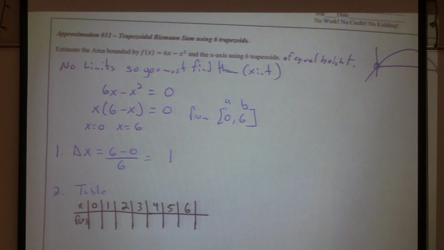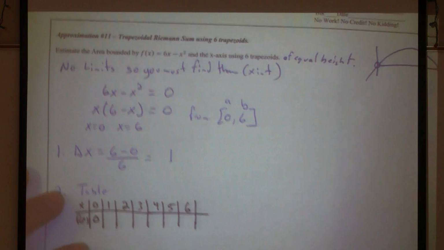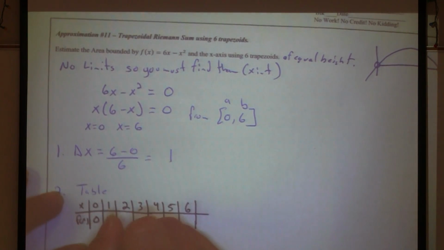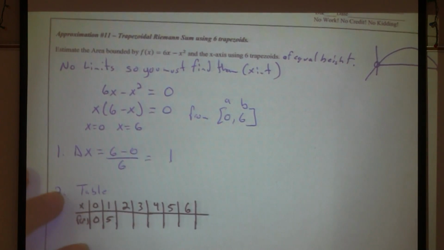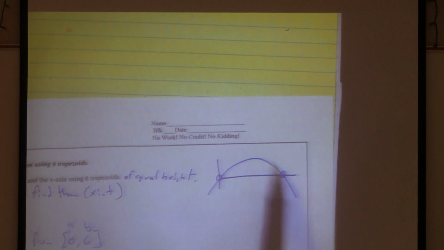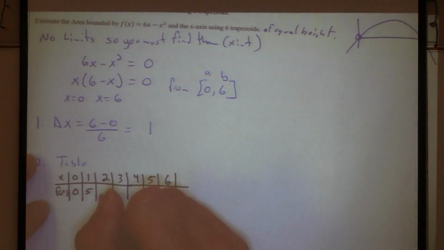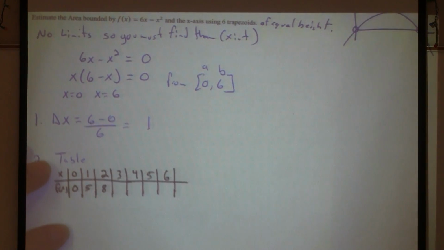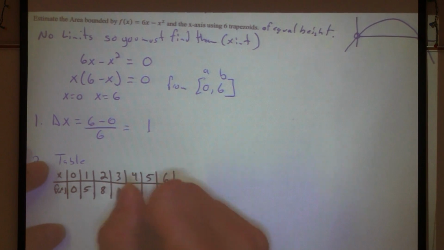Okay, so now we need to figure out those f of x values so I can know the different bases, right? So plug in 0. What do we get? Plug in 1. 5. Plug in 2. They should all be what kind of values? Positive, right? So the next one's what? 8. Plug in 3. 9.